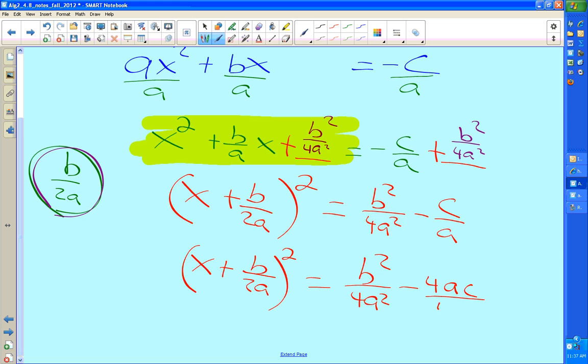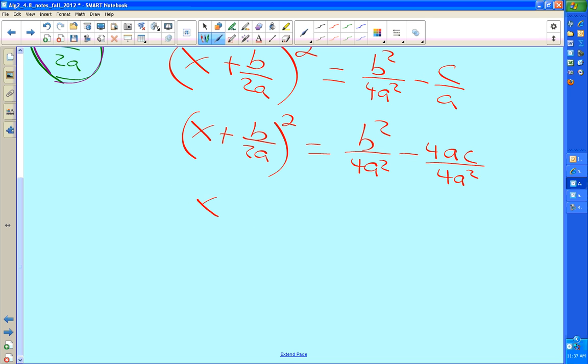And that common denominator will be 4a squared. So I multiply the top and bottom of c over a by 4a, and we end up with 4ac over 4a squared. Some of you are starting to see where we're headed right now. So we have x plus b over 2a, quantity squared, is equal to b squared minus 4ac over 4a squared.